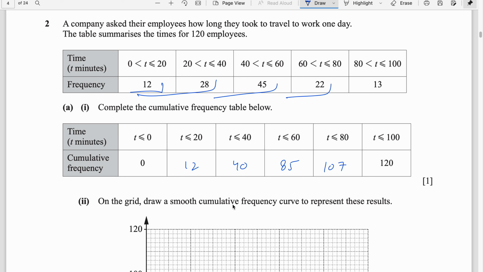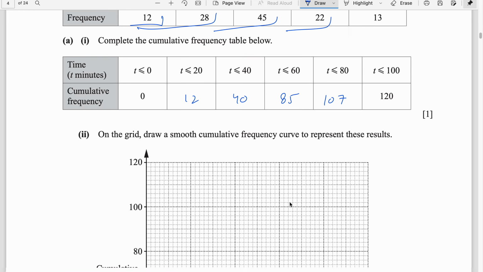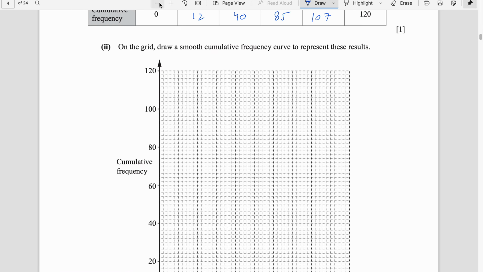On the grid, draw the smooth cumulative frequency curve to represent these results. So let's zoom out a bit.